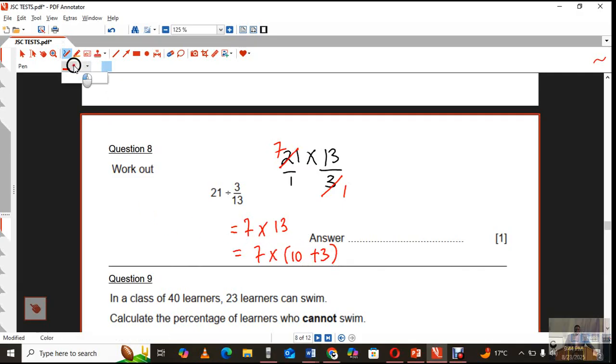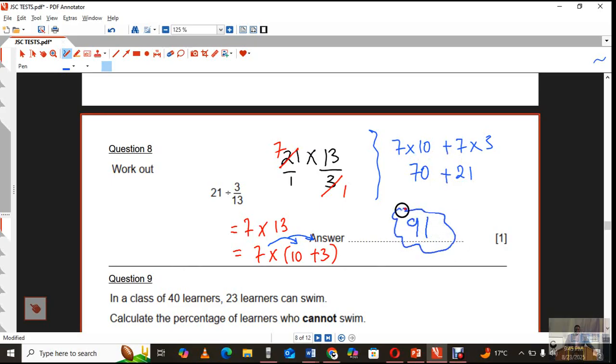So from here onwards, I know that this is 7 times 10 plus 7 times 3, if I distribute over. So it's 70 plus 21. So the final answer is 91.